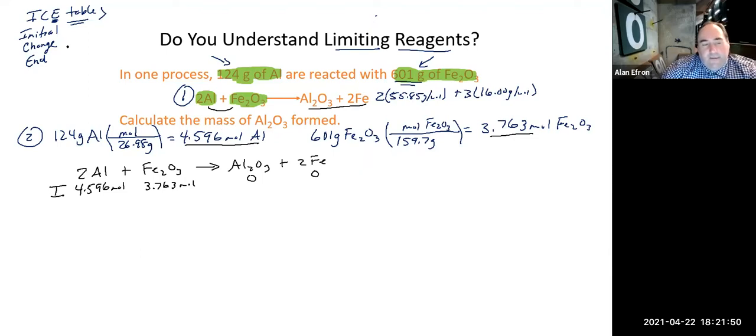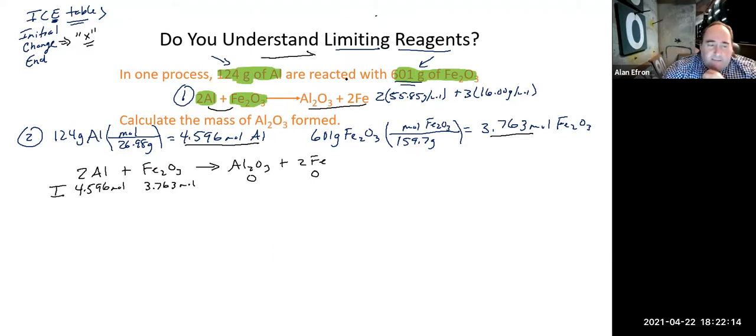Now we're at the change part. When we do ICE tables, we typically use a letter to represent change. And that letter that we use is X. You can use any letter you want, really, but X is the most common one that is used. Let's also talk about what's happening with this reaction. Basically, this reaction is heading towards the product side.